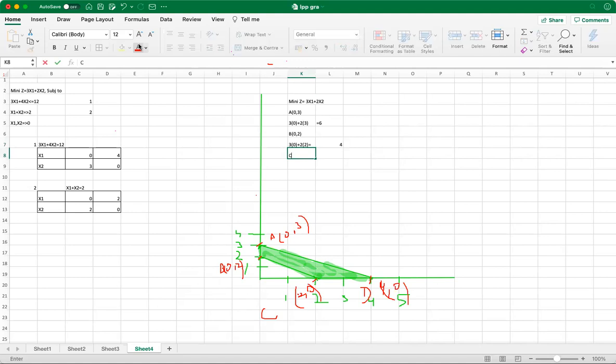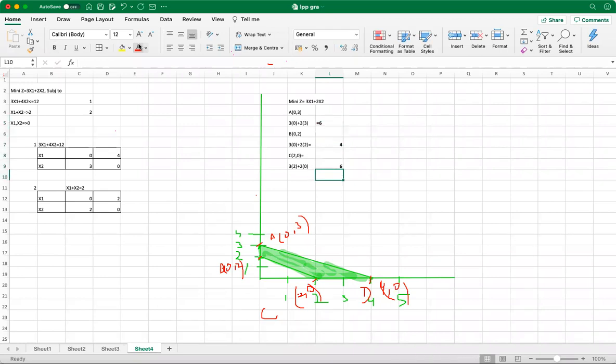Now C says 2, 0, which is equal to 3 into 2 plus 2 into 0. That is going to be 6. Let me highlight, I mean bold, all of them.